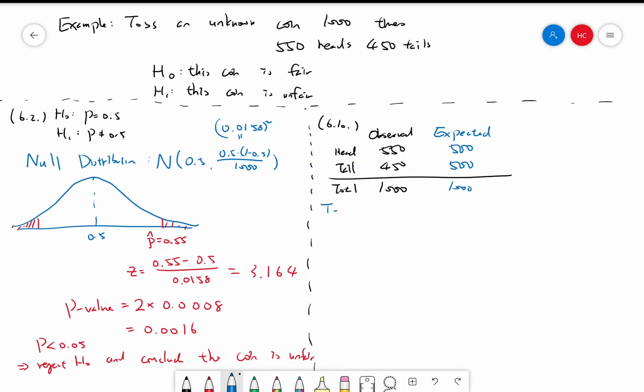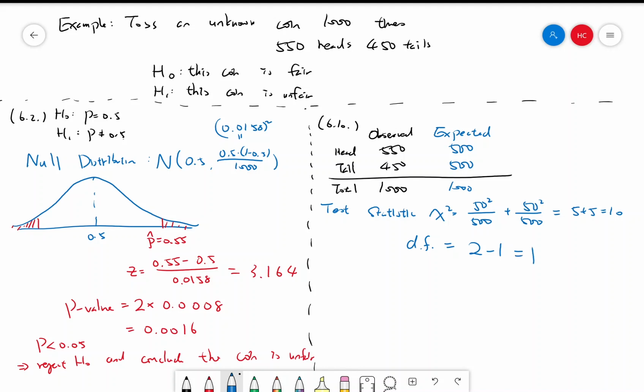So the test statistic is chi-square equals 50 squared over 500 plus another 50 squared over 500. This is equal to 5 plus 5, which is 10. And the degree of freedom is the number of rows minus 1. There are only 2 rows, so it's 2 minus 1 is 1.